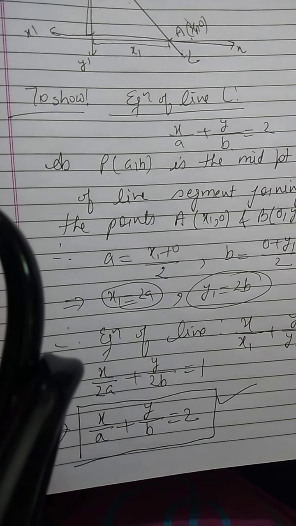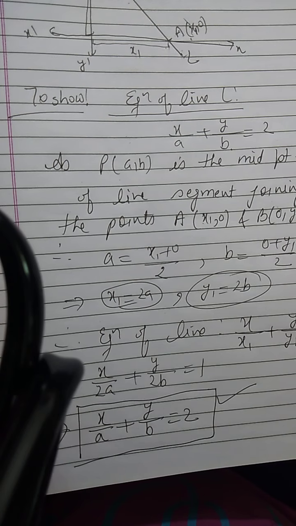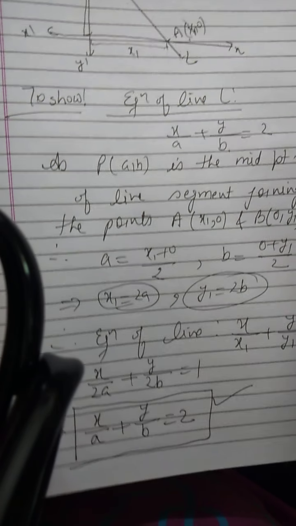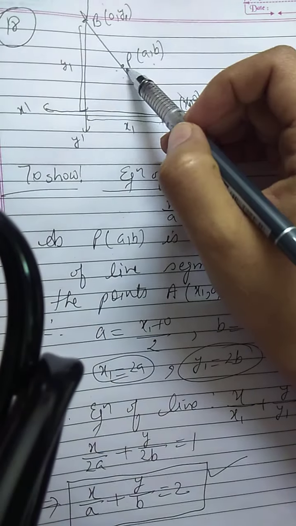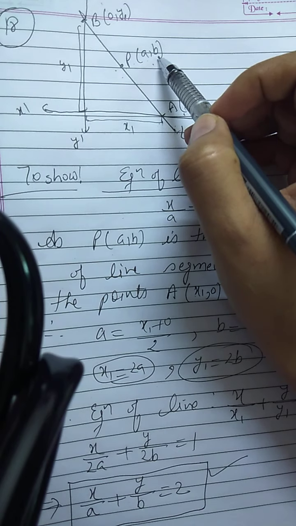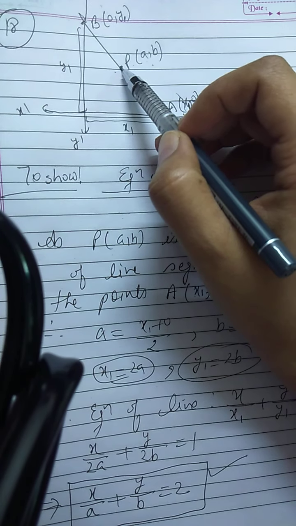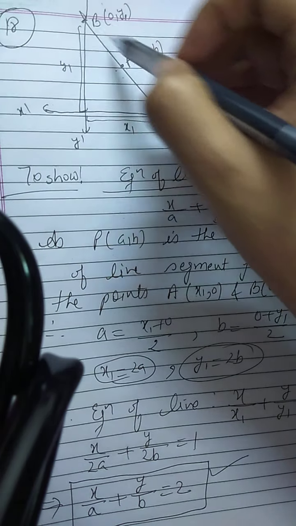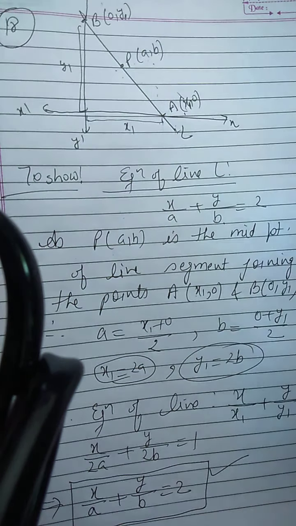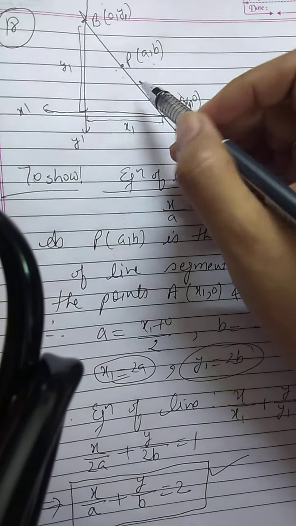Sum number 19 now. Point R with the coordinates h comma k divides a line segment between the axes in the ratio 1:2. Now here the point P was given with definite coordinates, but instead of P we have one point capital R which is dividing the line segment AB in the ratio. What is the ratio given? 1:2.